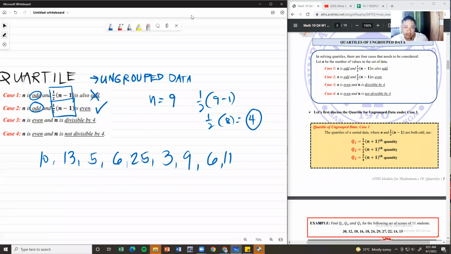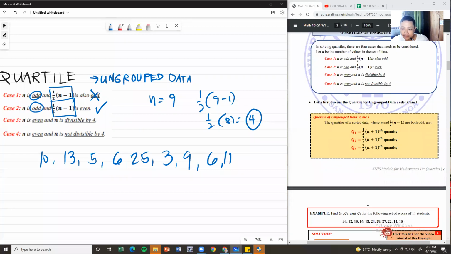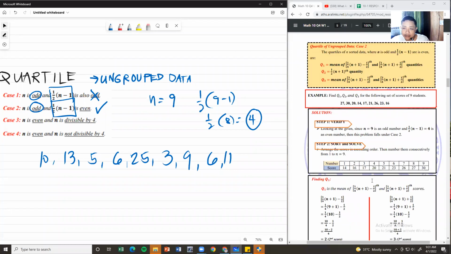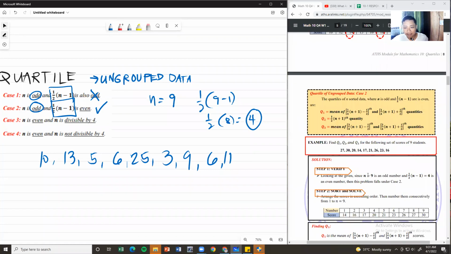So let's see, we have a formula to follow. Ready? For case 2, this is our formula. It's a rather long one to use, but let's see if this can be done easily.